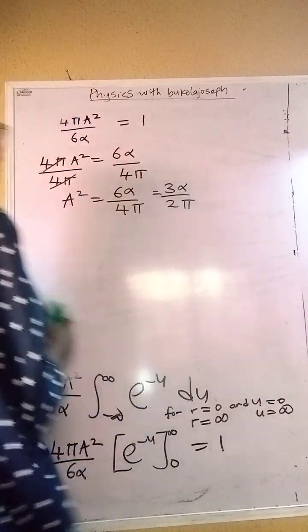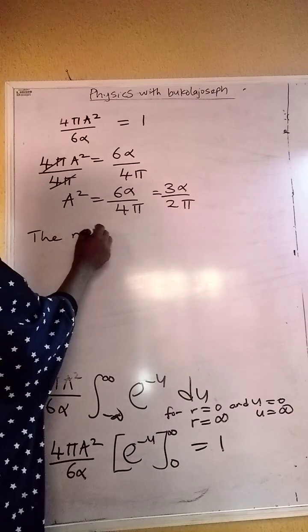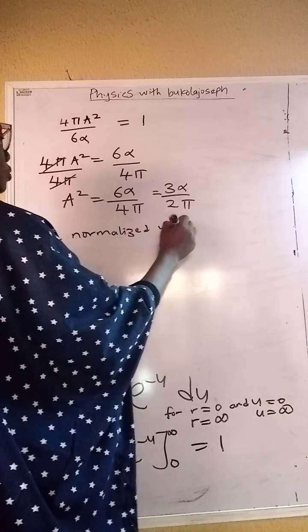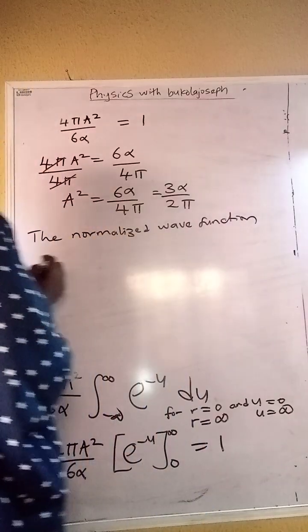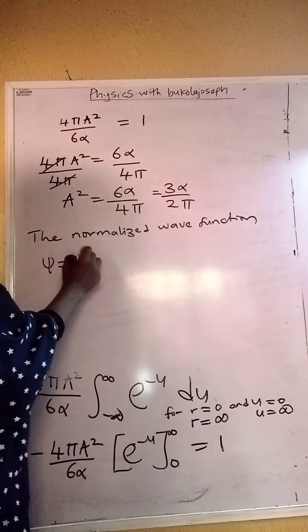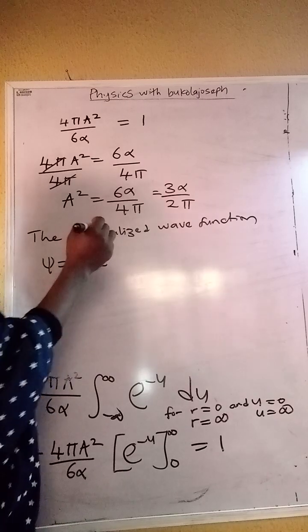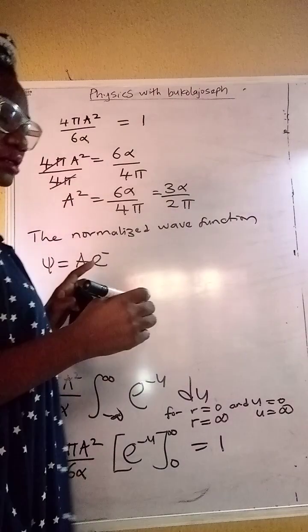Okay, so the normalized wave function will now be... remember we have psi is equal to A exponential minus alpha r cubed minus i d.